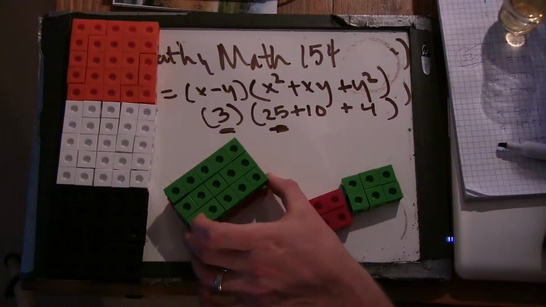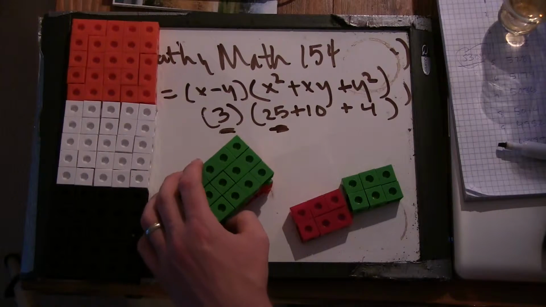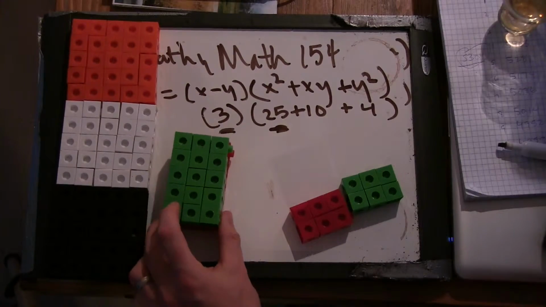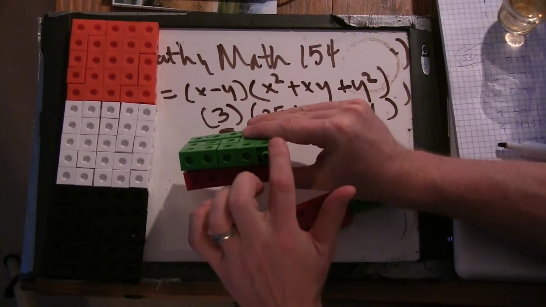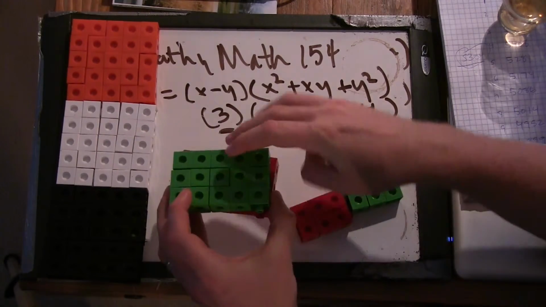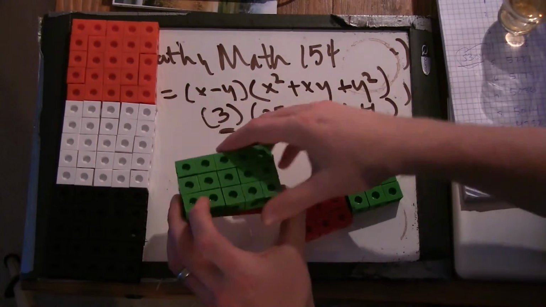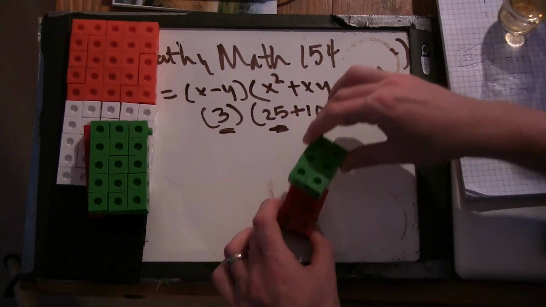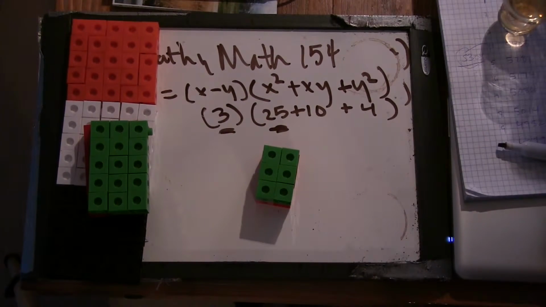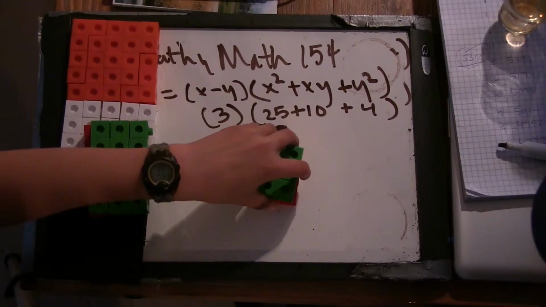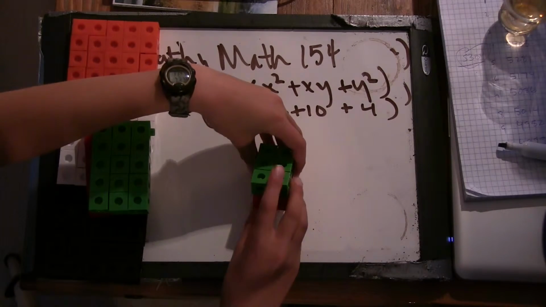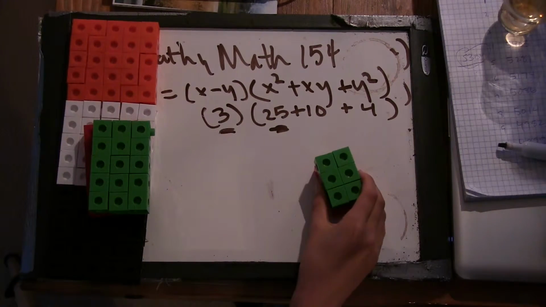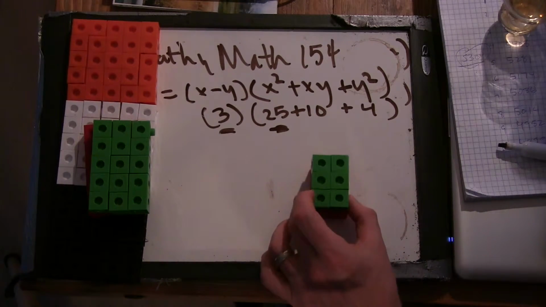And then this is what we're left with. This is the 4s: 1 4, 2 4s, and 3 4s. So we had 3 of the x squareds.